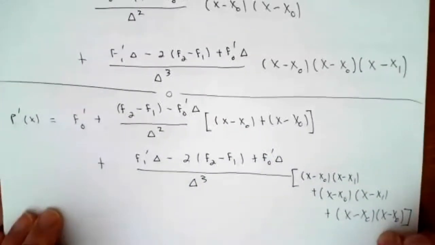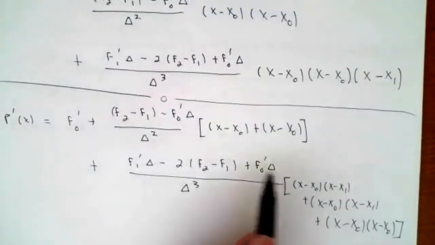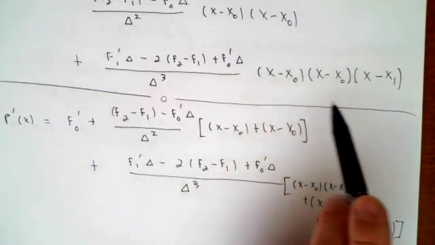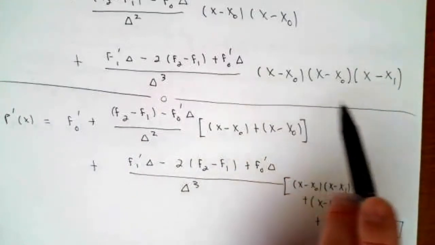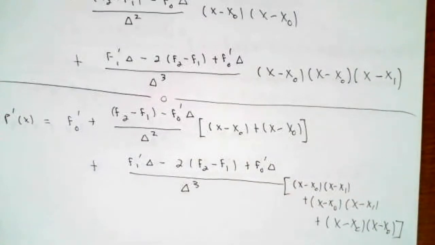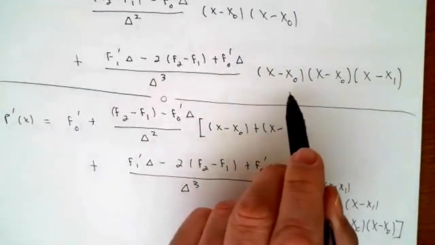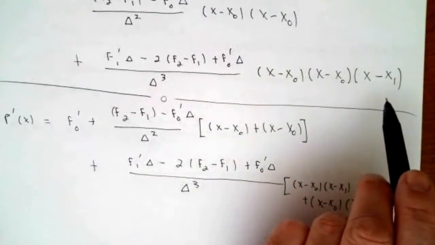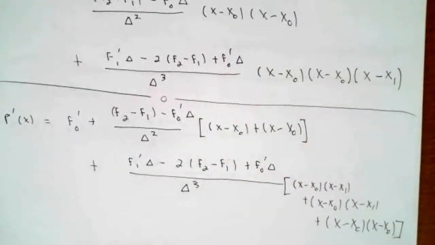The other term is this constant times the derivative of the product of these three things. I'm going to write down three terms. Each one of them looks like x minus x0 times x minus x0 times x minus x1, except I leave one of the factors off.